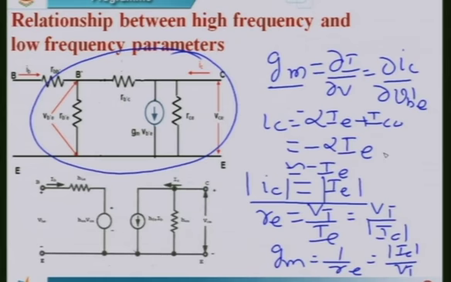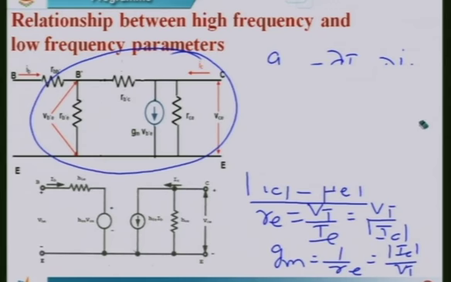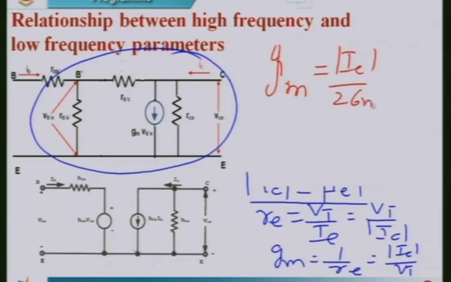g_m is given by the magnitude of I_C divided by 26 millivolts.